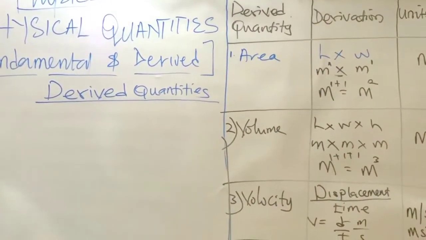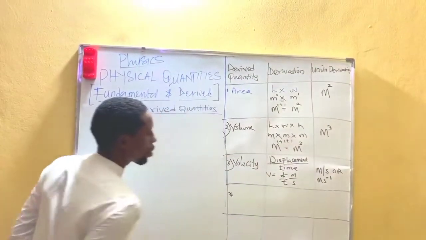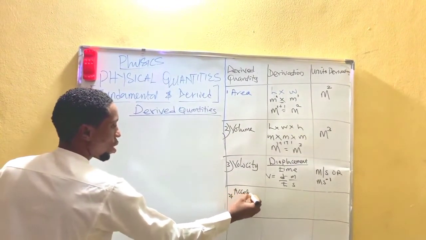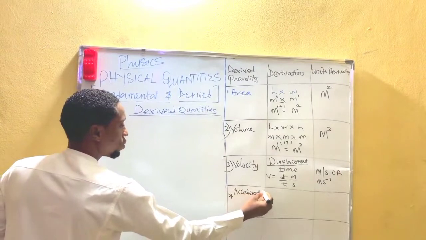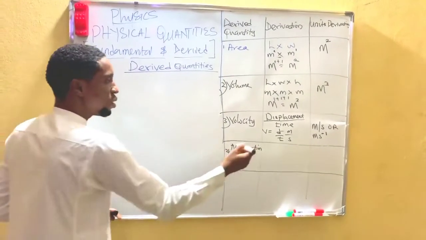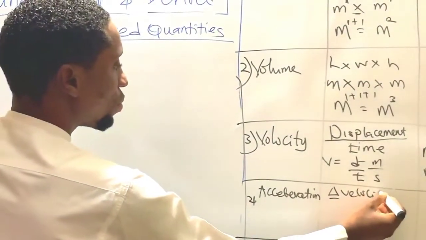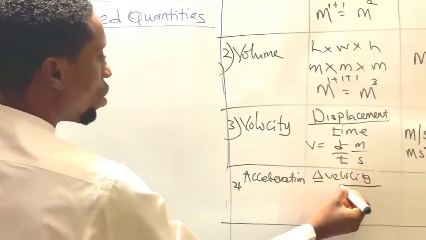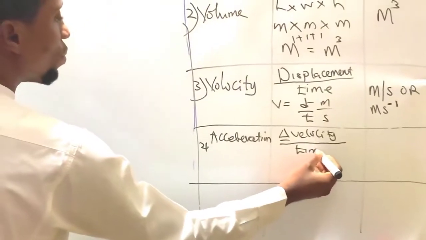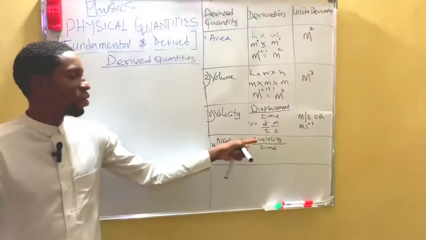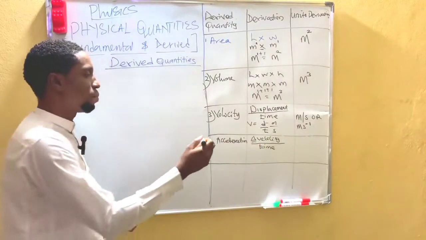Then you have number 4. Number 4 is acceleration. Acceleration is change in velocity all over time.